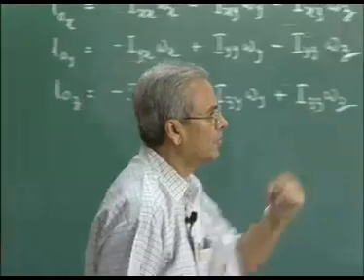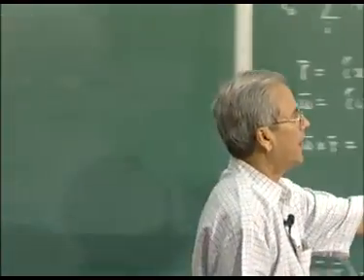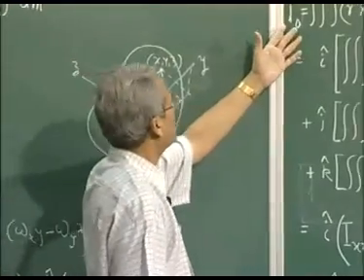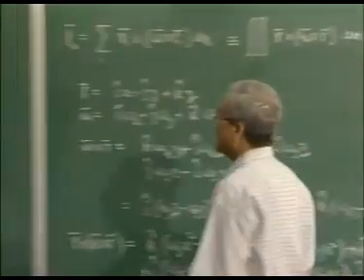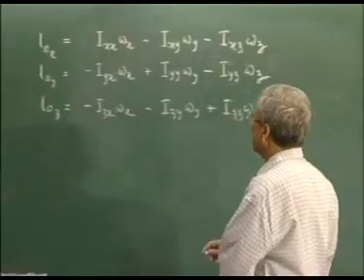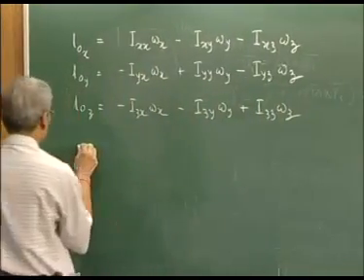Now, we should also see that angular momentum of the object is a vector quantity. Now, angular velocity is also a vector quantity. So, here you could represent in matrix form.